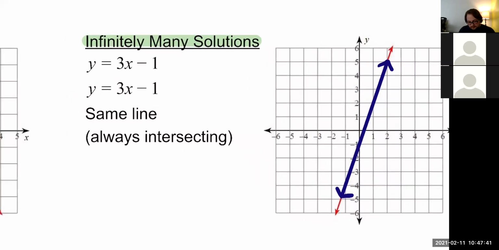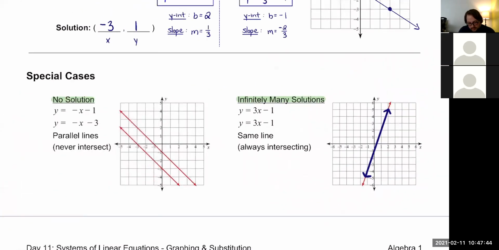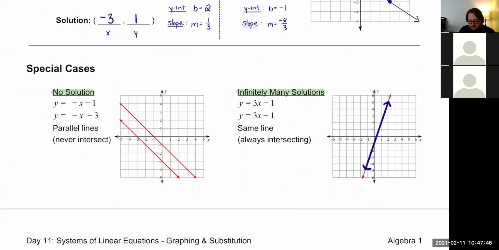So what's nice about doing this graphically is that we can visibly see beyond any doubt that, oh, parallel lines, of course there's no solution. They're not intersecting ever. Or, oh, two of the same line. They're right on top of each other. Of course, they're always intersecting. Of course, there's infinitely many.